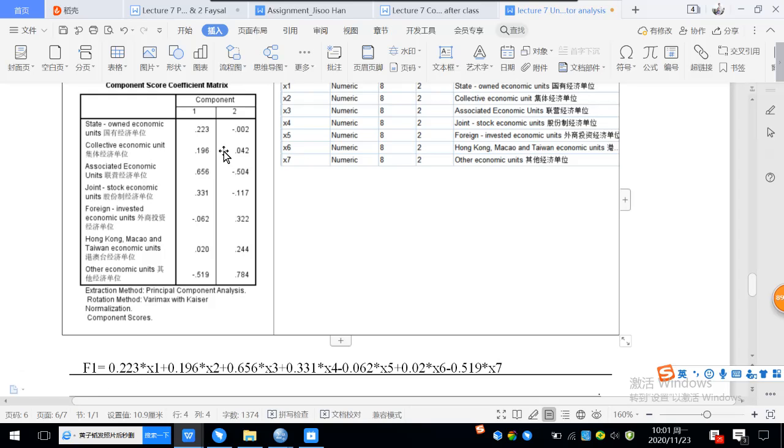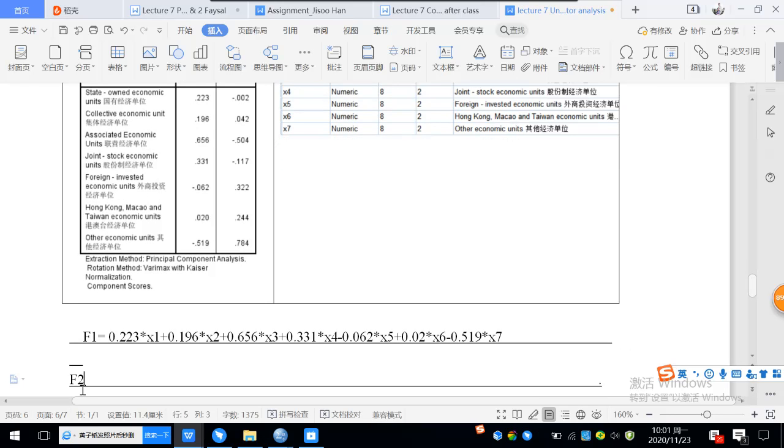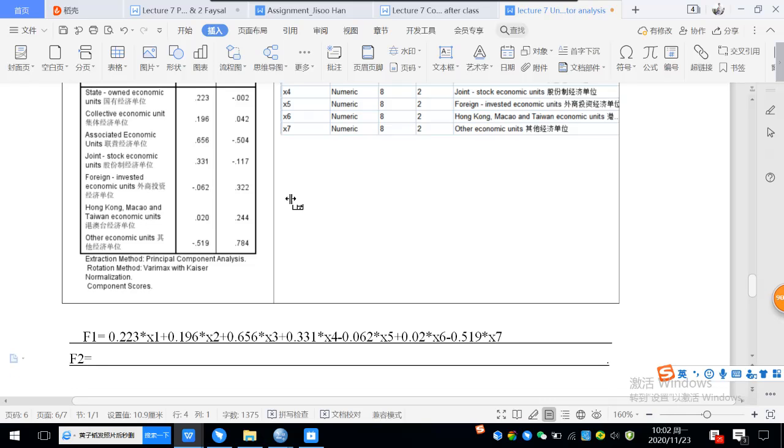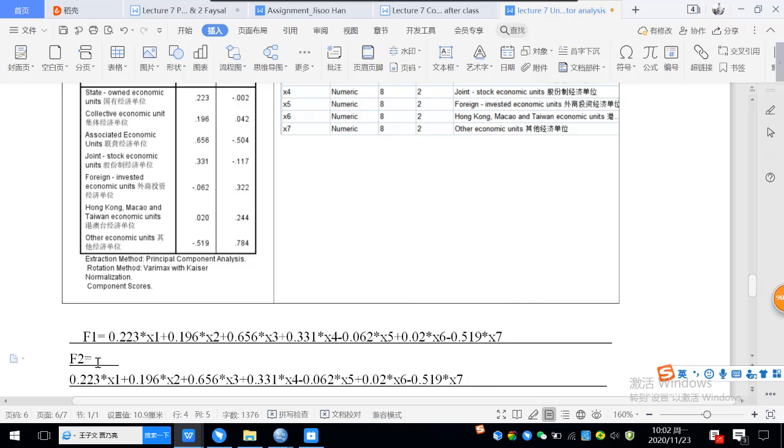Then please write down F2. Okay, use the same way to write down.